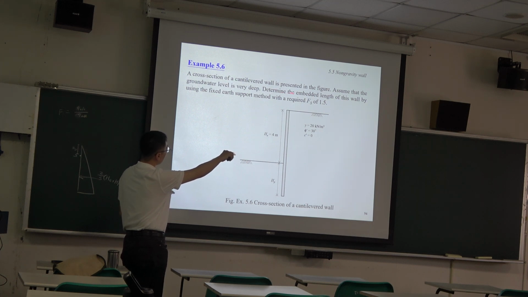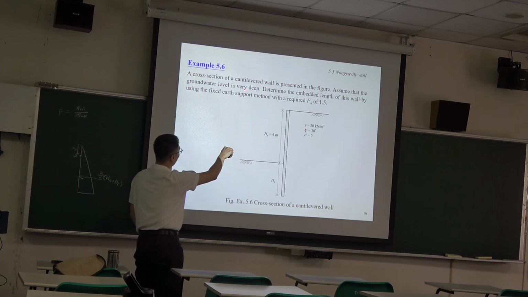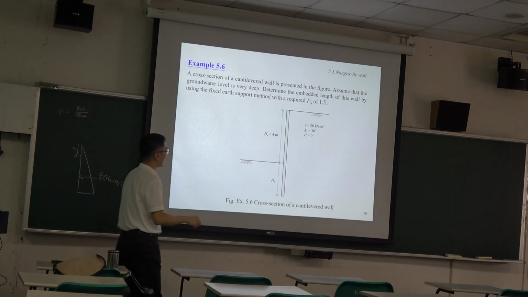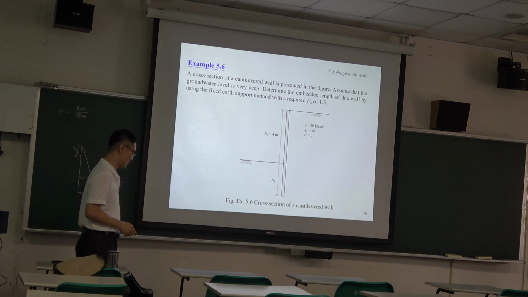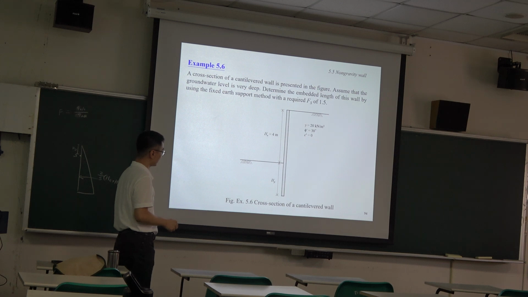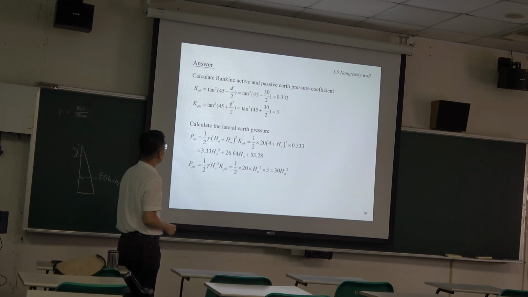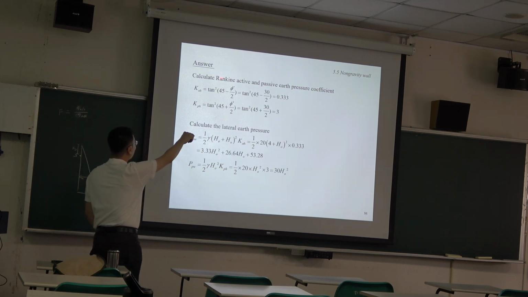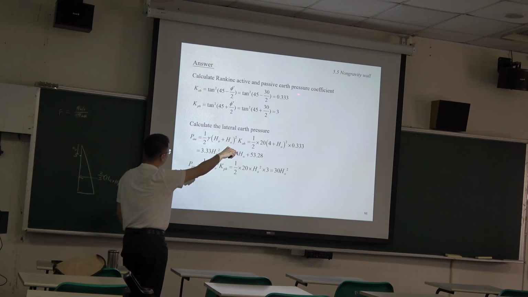Then determine the embedded length of the wall by using the fixed earth support method. The required factor of safety is 1.5. Then follow Rankine active and passive theory.